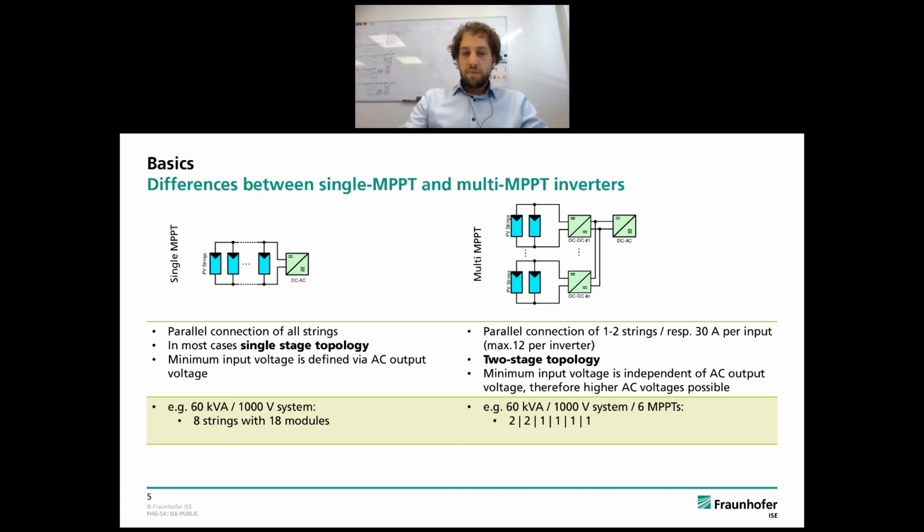So it gives you the ability to do independent MPP tracking and therefore reduce mismatch losses. It also has the advantage that the minimum input voltage is independent of the AC output voltage, which gives you a wider window for the input voltage of your inverter system.